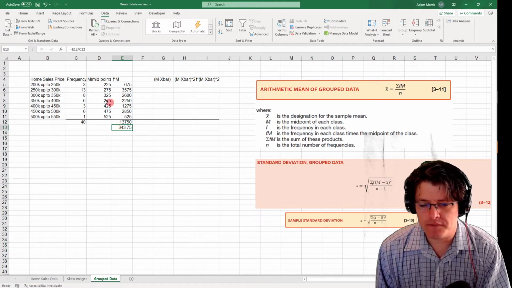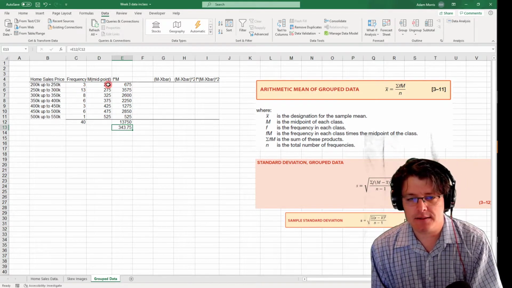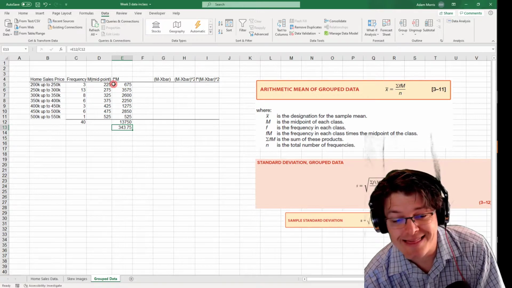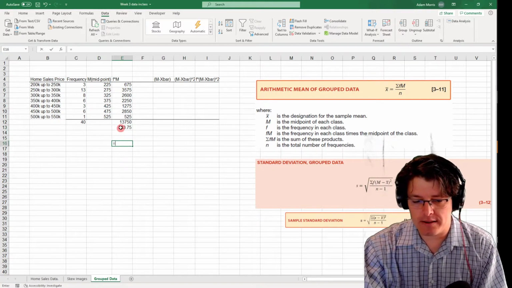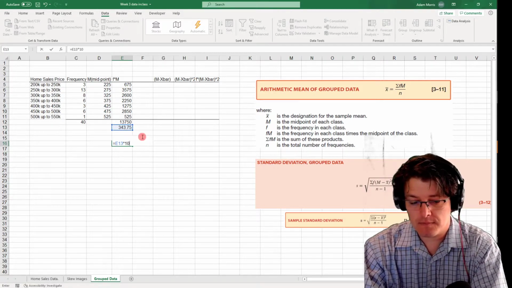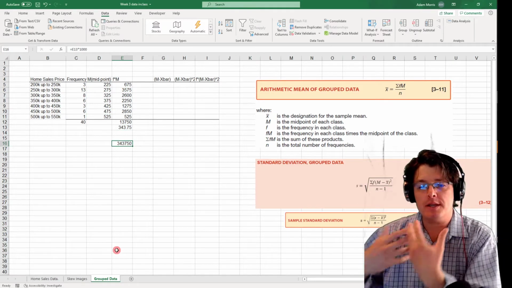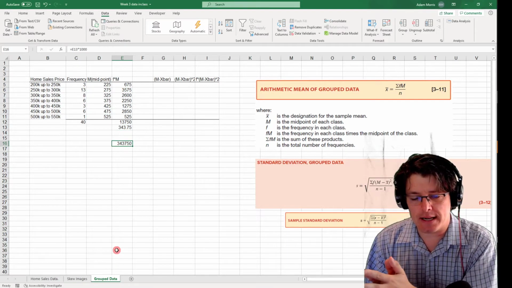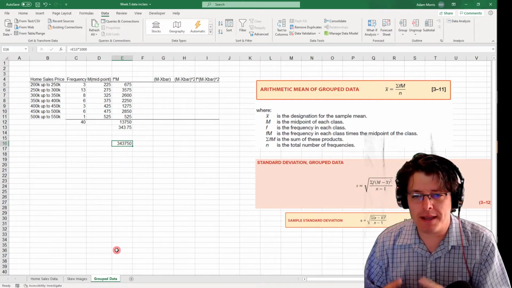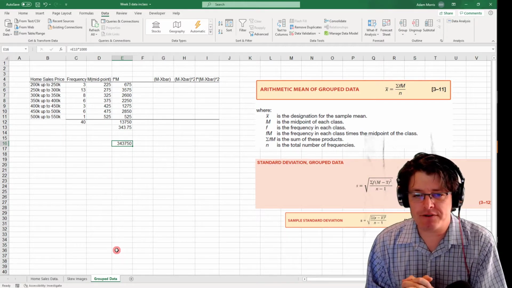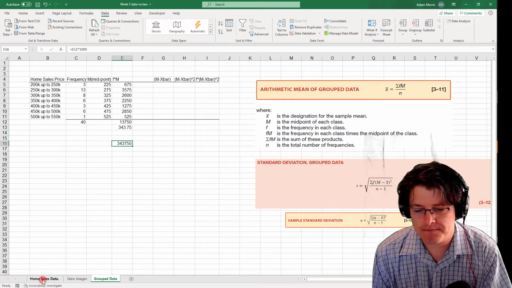Right, for just ease of typing, I've kept this in the thousands unit, but we can scale that back up. So let's just multiply. And so our guess, if we just had the data in this grouped data from the frequency bins, we'd make an educated guess that average home sales in the month were 343,000.